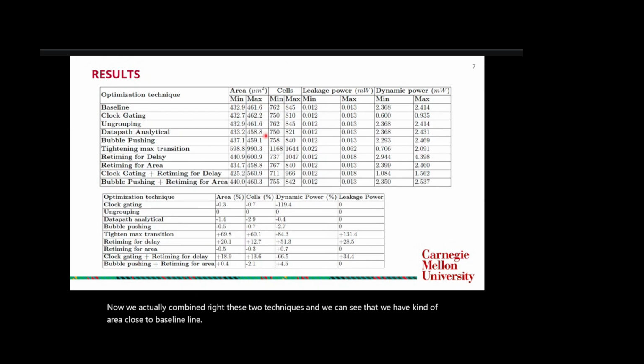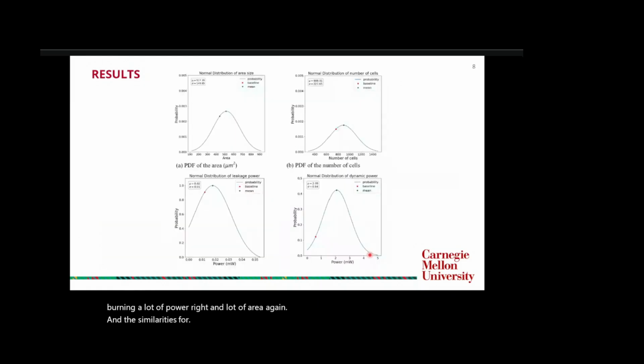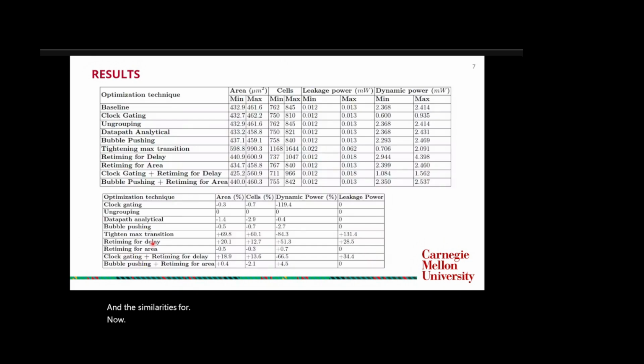Okay. Now we apply different techniques and we try to see what happens, what is the increase and decrease of the area, cells, dynamic and leakage power. So we can see that one of the techniques is leading in everything. And then we can say the retiming for delay is burning a lot of power, right? A lot of area. And this is very useful. Now, when we get all these techniques, we combine them and we run multiple experiments, in, we can say, hundreds.